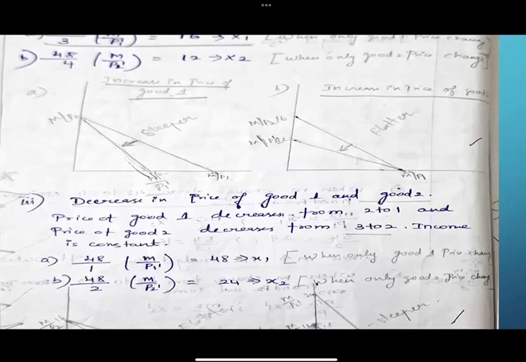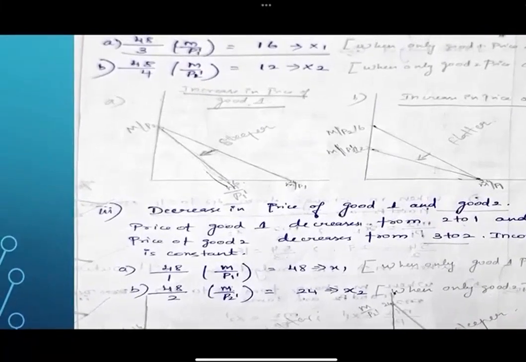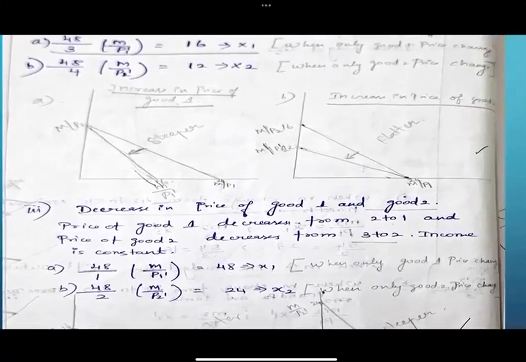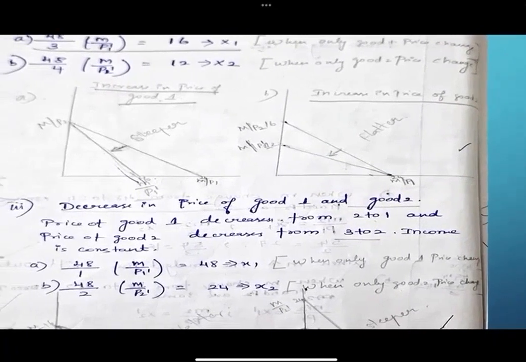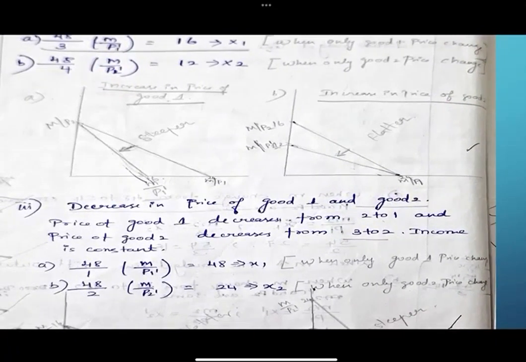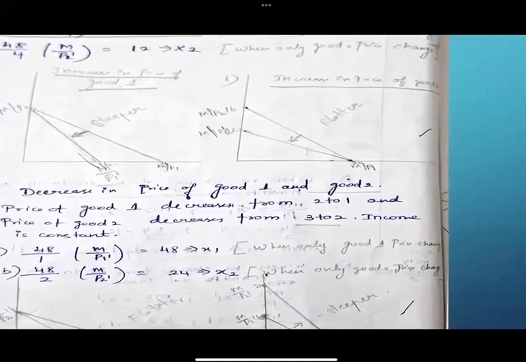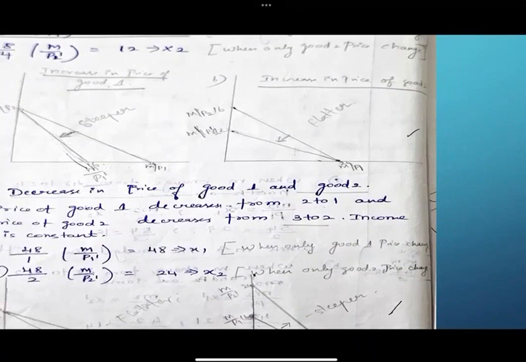See, in this diagram, if the price of good one changes, you will change your consumption only of good one, not good 2. You will not affect your consumption of good 2. Similarly, if the price of good 2 changes, you will only change the consumption of good 2, not good 1. Your consumption of good 1 remains the same.